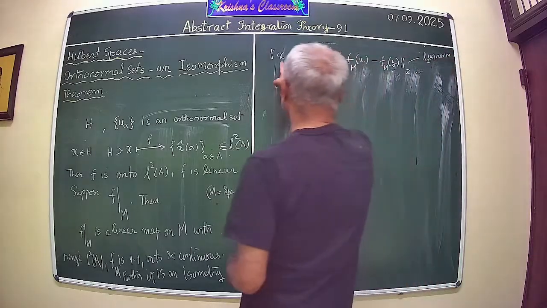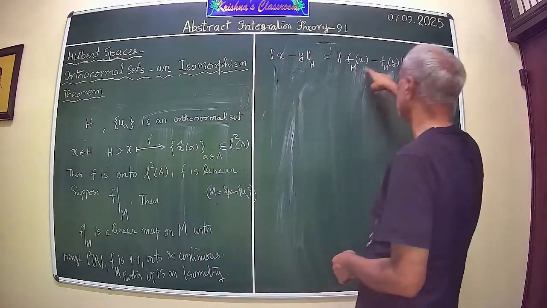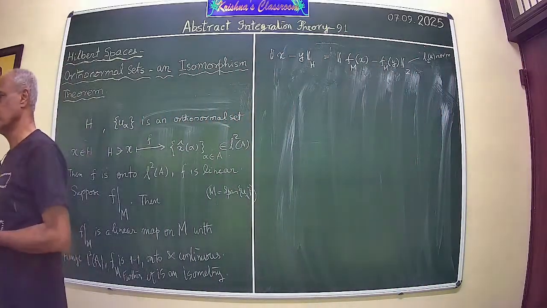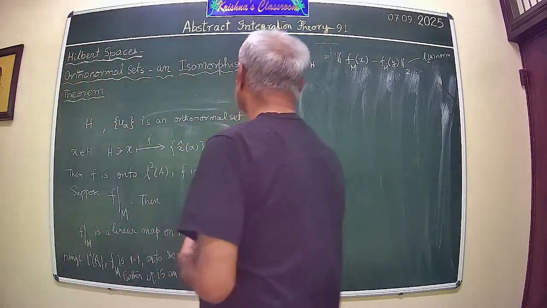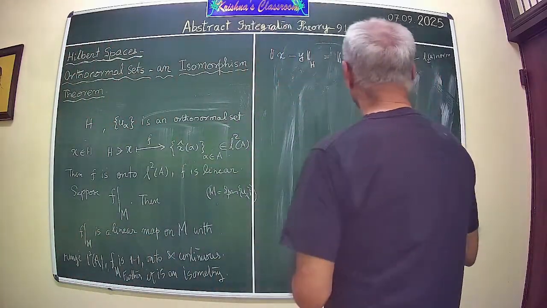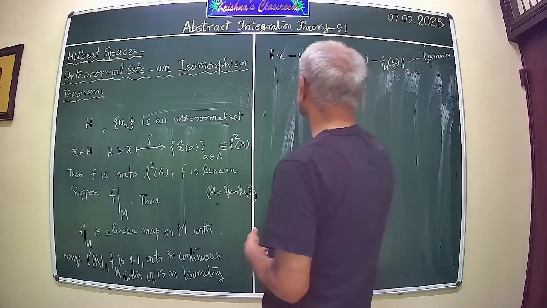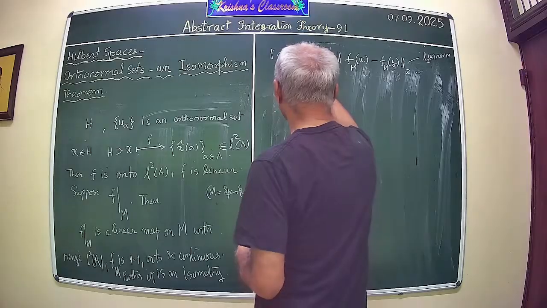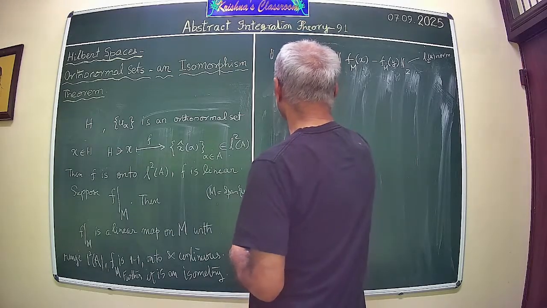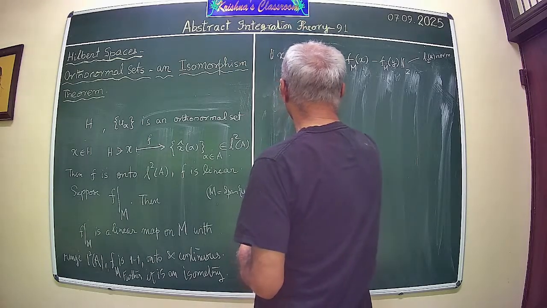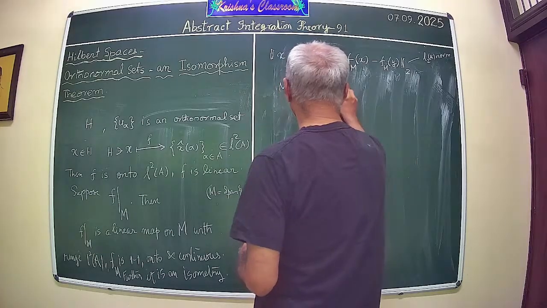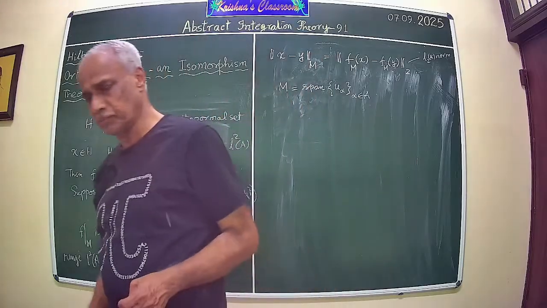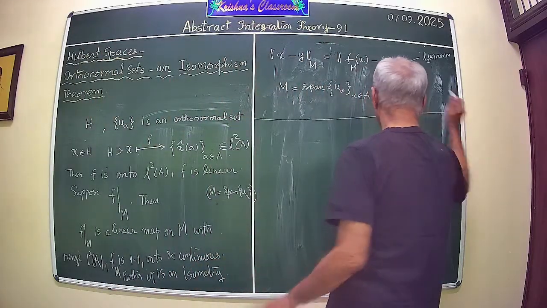That is, the distance between X and Y is the same as the distance between their images in the span of U alpha or in L2A. This is M, I should put here M. That's the result that you want. So our objective is this.